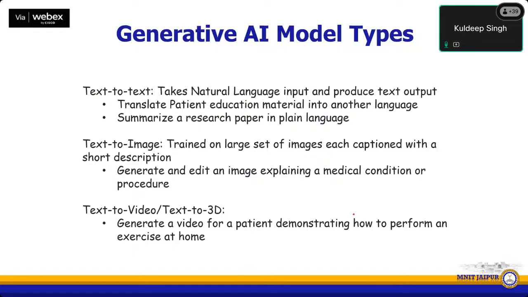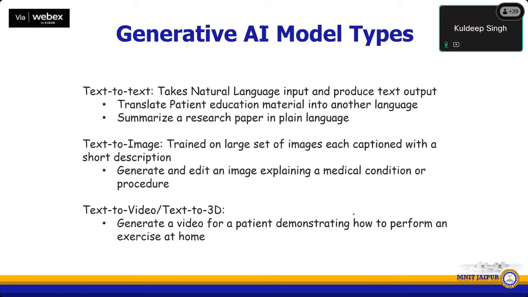One example I can present for this type of generative AI model is generating or editing an image which corresponds to a specific medical condition or procedure. Let's say I ask the generative AI model to create an X-ray image which has symptoms of tuberculosis. That type of application comes under this category of text to image generative AI models.